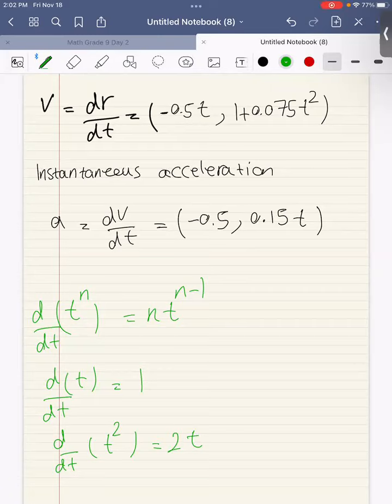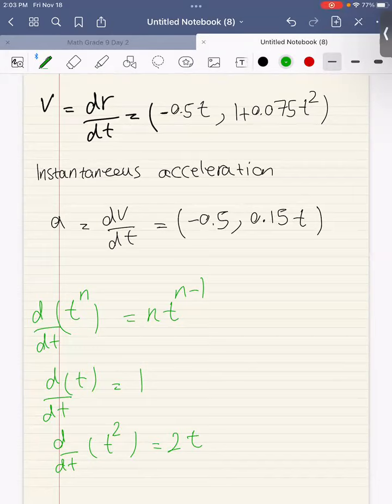When you have a coefficient, it doesn't impact the derivative; you just multiply by it. Here, for example, I have 0.075 t squared. I take the derivative of t squared and at the end multiply by the coefficient, 0.075. Okay, so that is the acceleration. That clear?